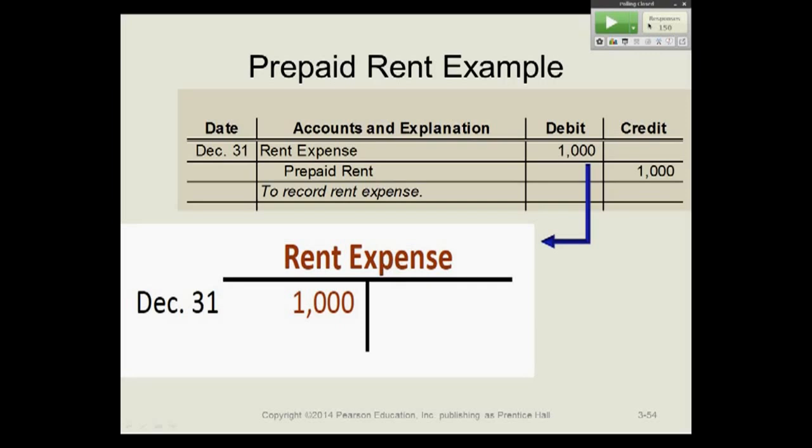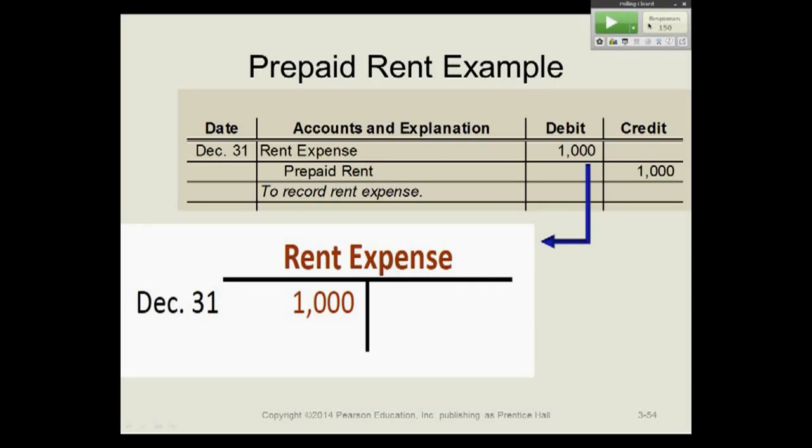And it may very well be that the unadjusted trial balance did not have the rent expense on it at that point. Any questions about this particular transaction? It's just a matter of counting months and making sure that you allocate the expense to the appropriate period. Okay, so that is the first type of deferred or prepaid costs.